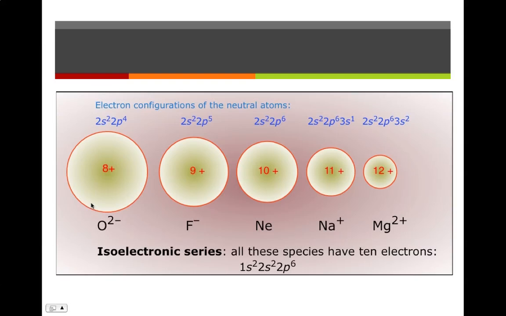And so as we're getting bigger, we gain just 1, so we're only slightly bigger. Neon is just stable. But sodium lost 1, so it's becoming smaller, and magnesium lost more, so it's becoming smaller still.